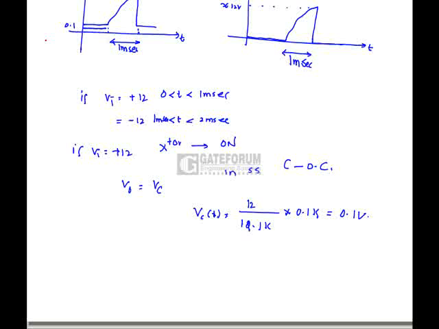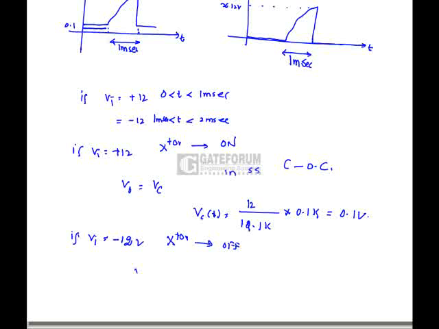Okay, now if Vi is minus 12 volts, then the transistor turns off, meaning it acts as an open circuit.